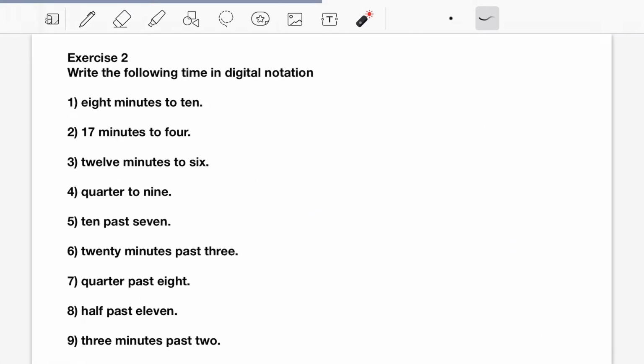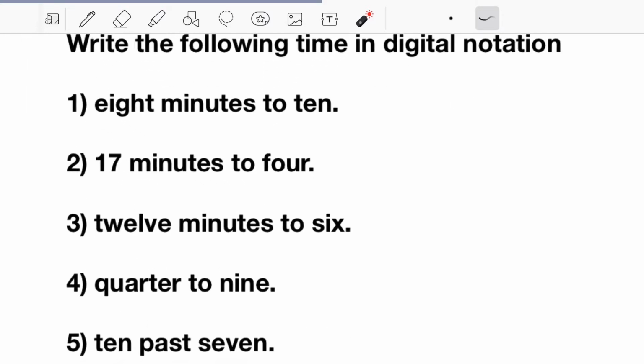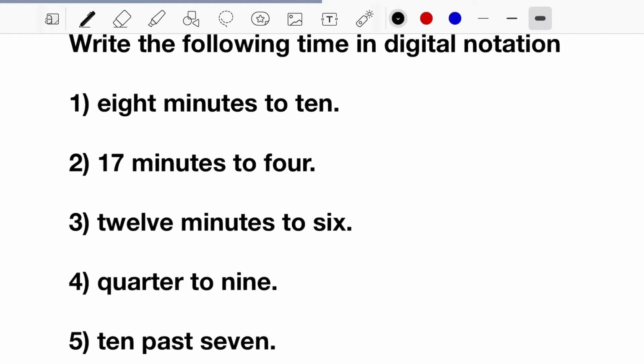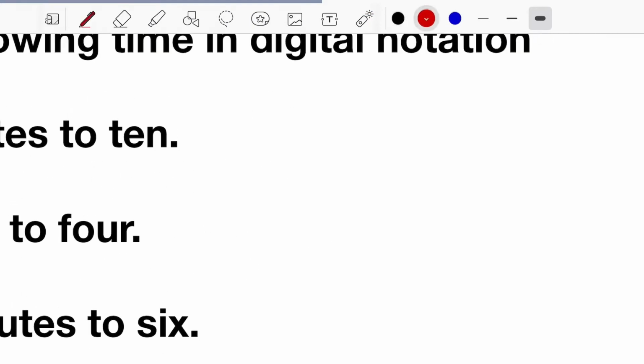Exercise 2. Write the following time in digital notation. 8 minutes to 10. This means it's 8 minutes before 10 o'clock. So what does that mean?